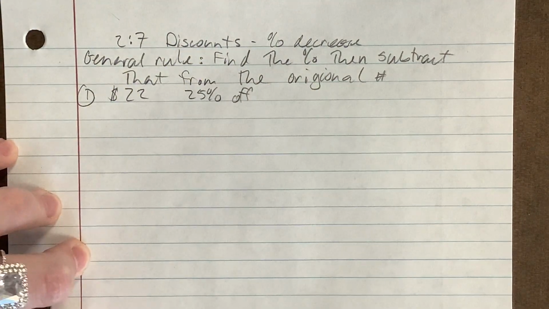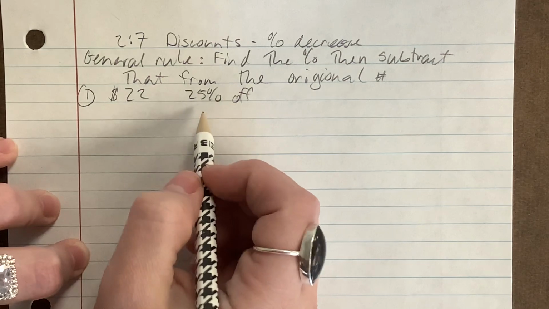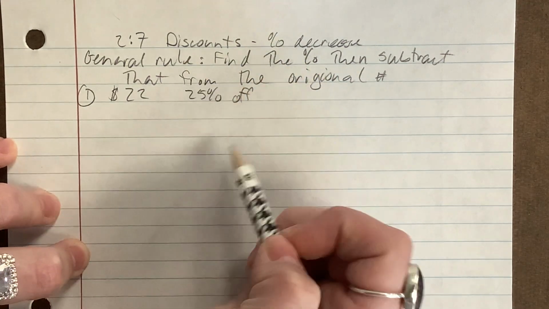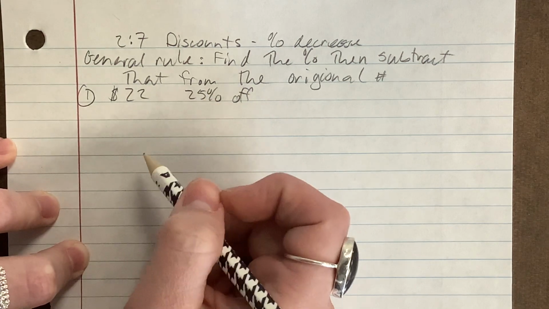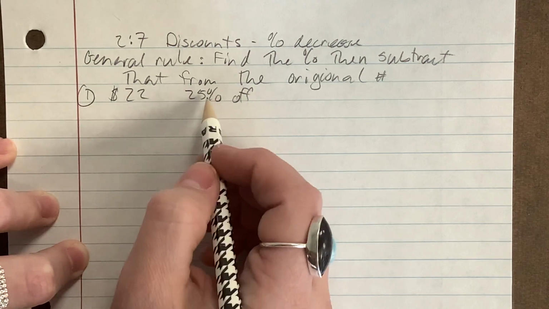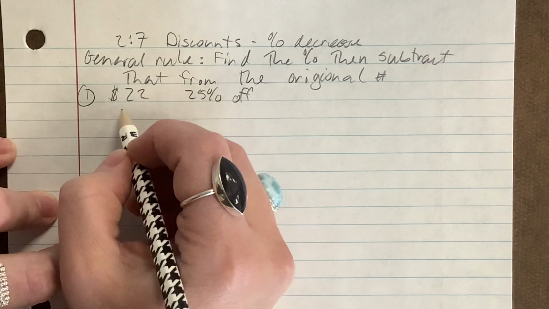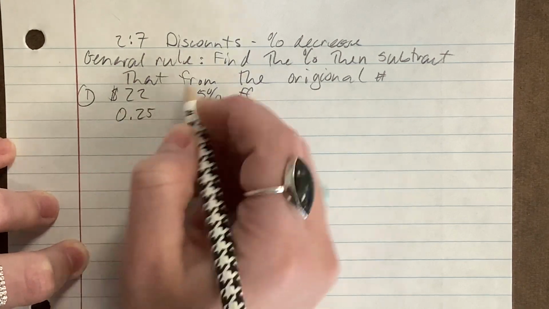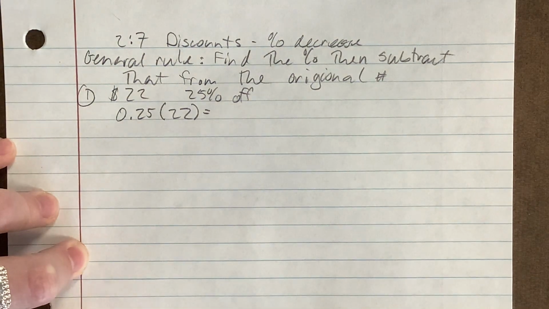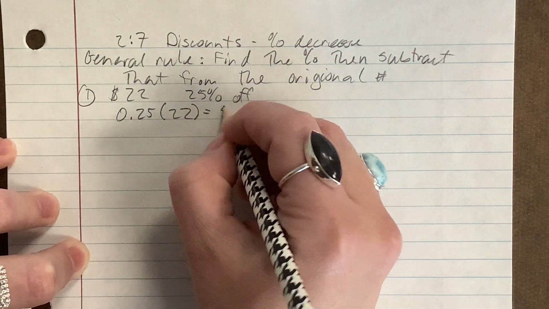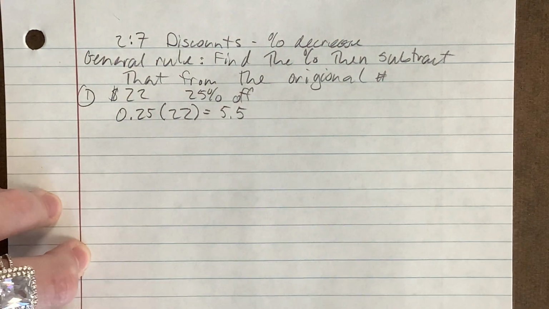Okay, so if we follow this rule, we're going to find the percent, which means we need to change the percent to a decimal. So 25% is the same thing as 0.25 times 22, which comes out to be 5.5.